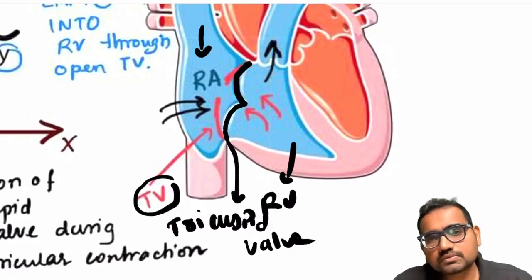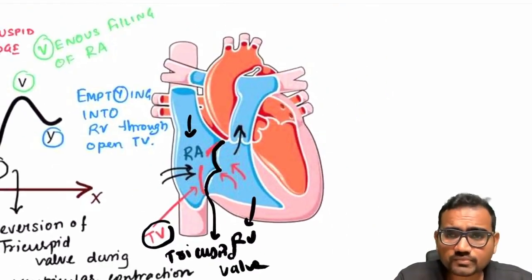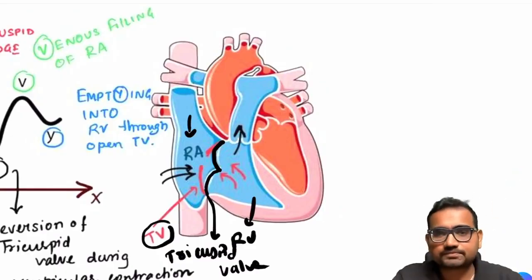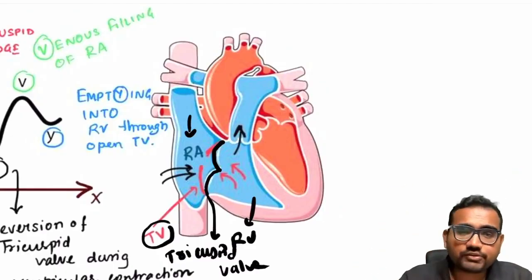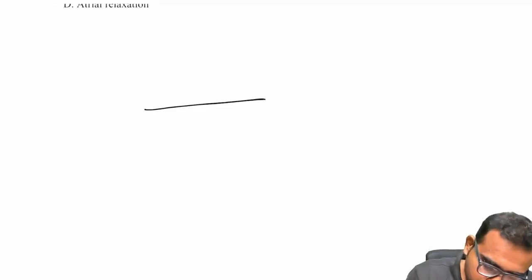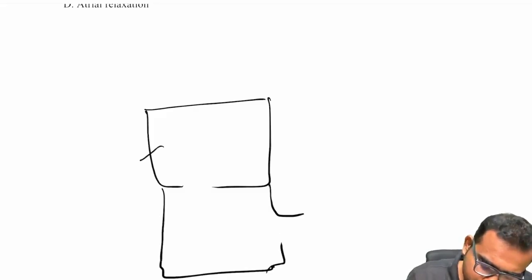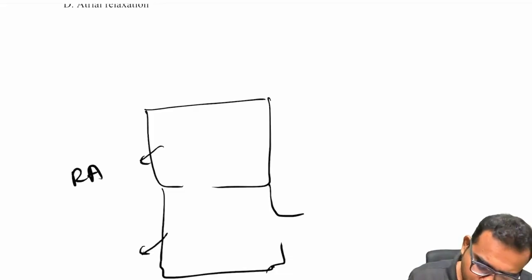Now imagine blood enters the heart. The blood enters the right atrium. So imagine this is the right atrium, this is the right ventricle. We have what is called the tricuspid valve.